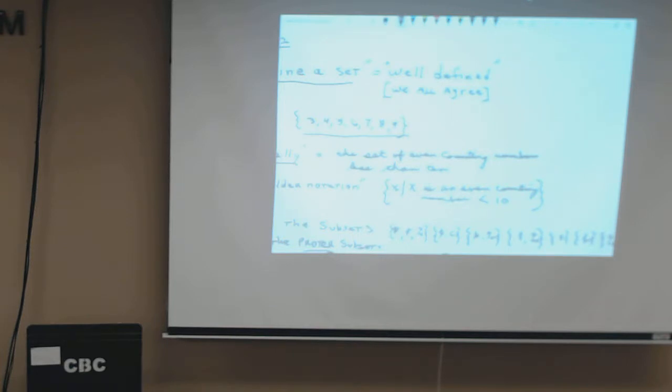And in set builder notation, it would be the set of all x's such that x is an even counting number. And I just used the symbolism less than 10. If you had the words less than 10, it would still be correct. Okay?